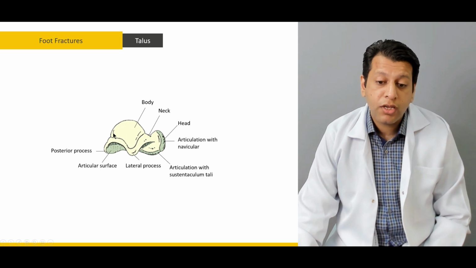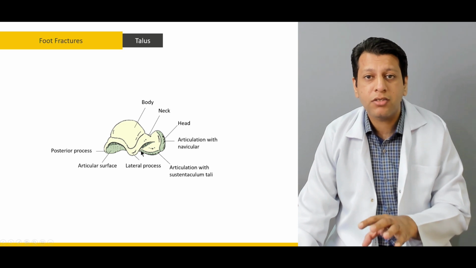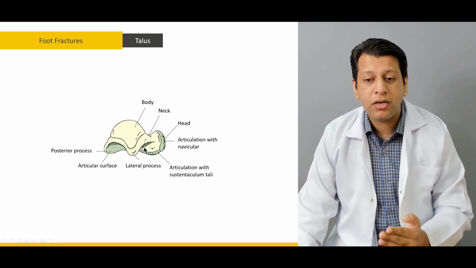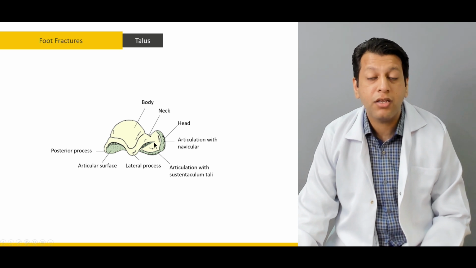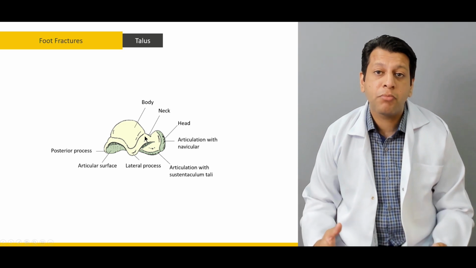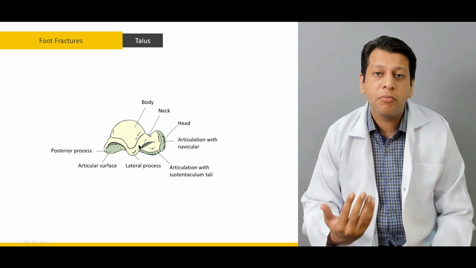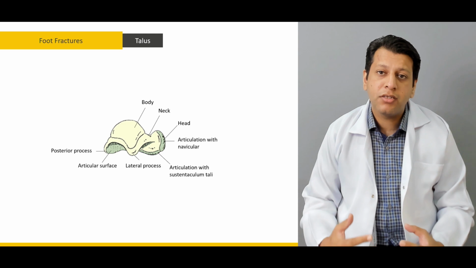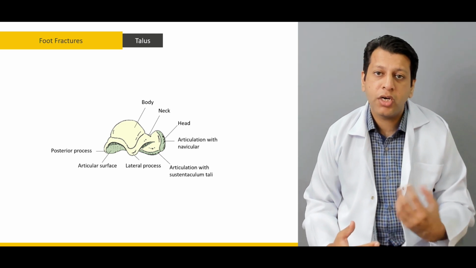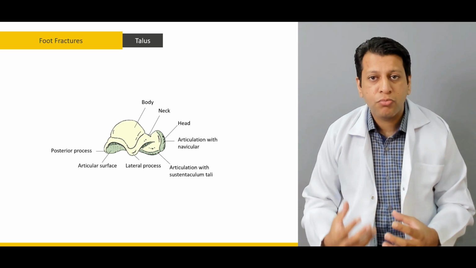Other parts of the body like the posterior process and lateral process may be getting perforating arteries from the peroneal artery. There may be a small amount of supply to the anterior process through the anterior tibial talar artery as well as some perforating branches, or from the medial side they may be arising and sending upwards through the branches of the deltoid artery as well. But this anterior tibial, deltoid, and peroneal artery perforators supply only a very small part.